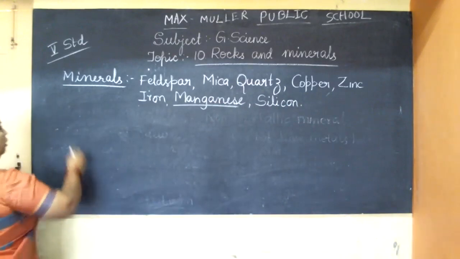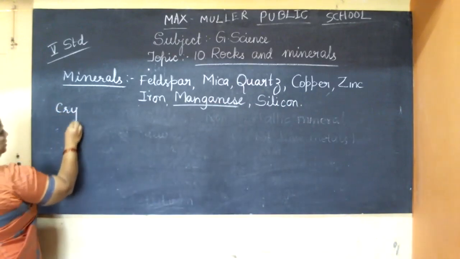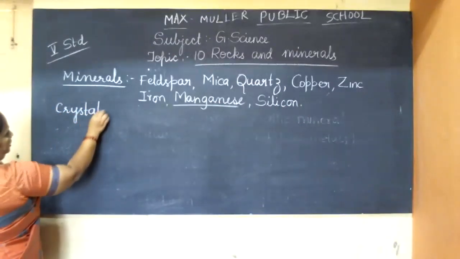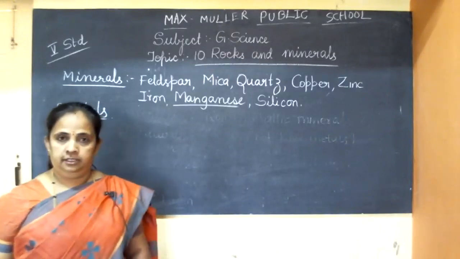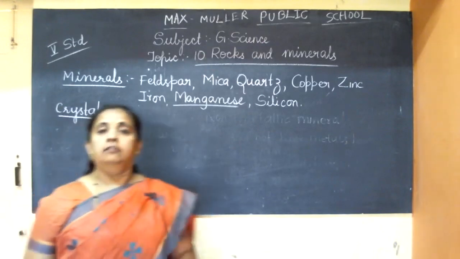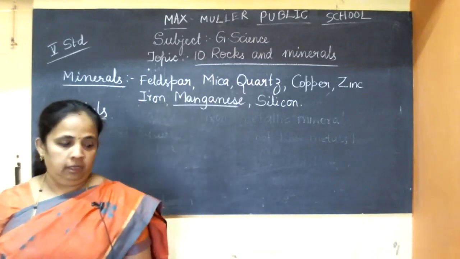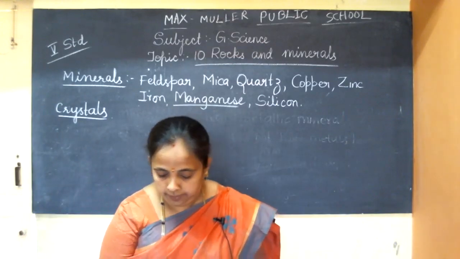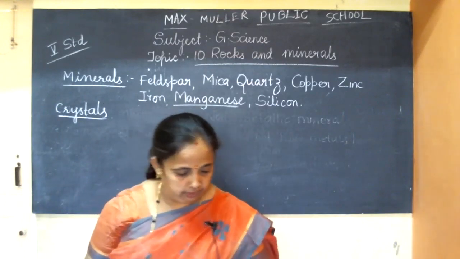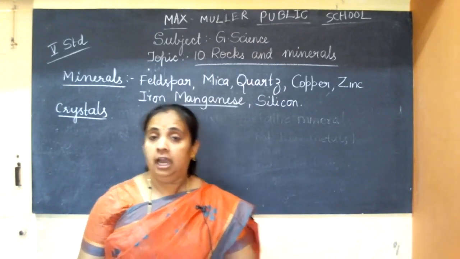Minerals can also be found in the form of crystals. So crystals are nothing but solid substances which have a particular geometrical shape, like cube, cuboid, like that. Okay. So they are very hard.